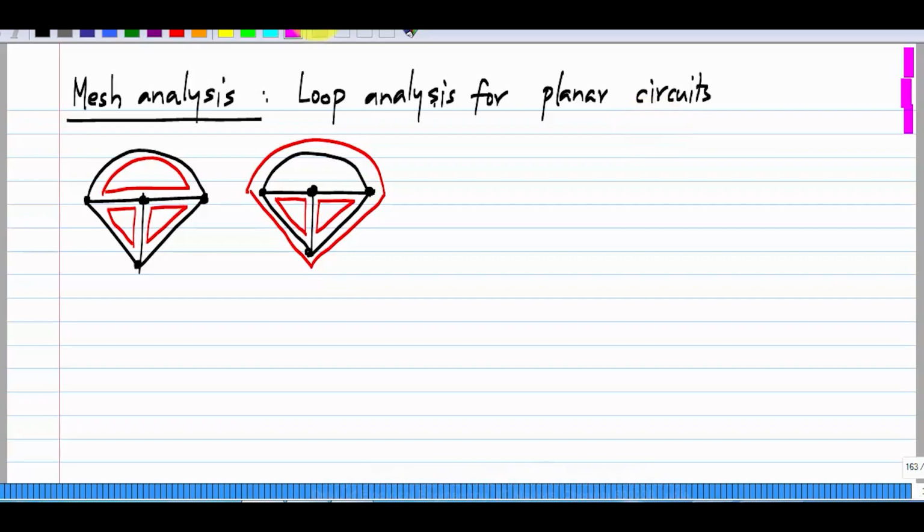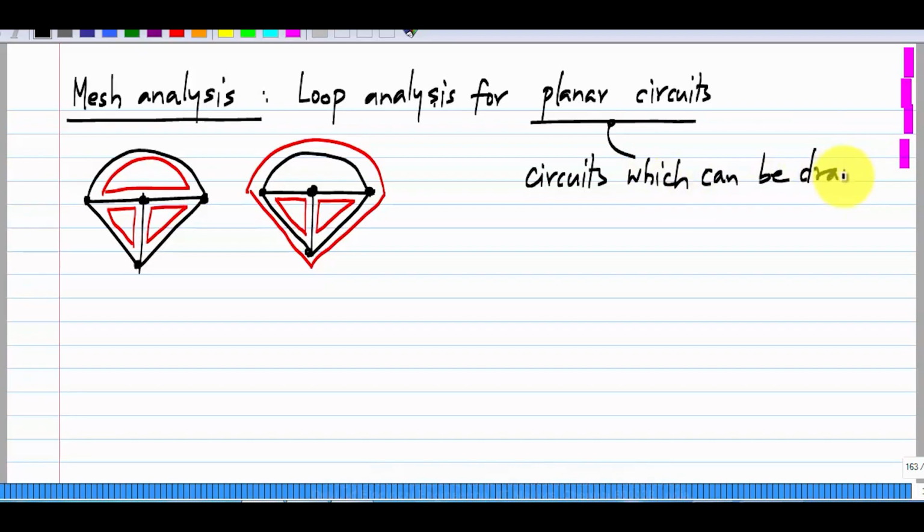Now, what are planar circuits? Very simply put, they are circuits which can be drawn on a plane, like a piece of paper or the screen that I am drawing on, without crossing branches.